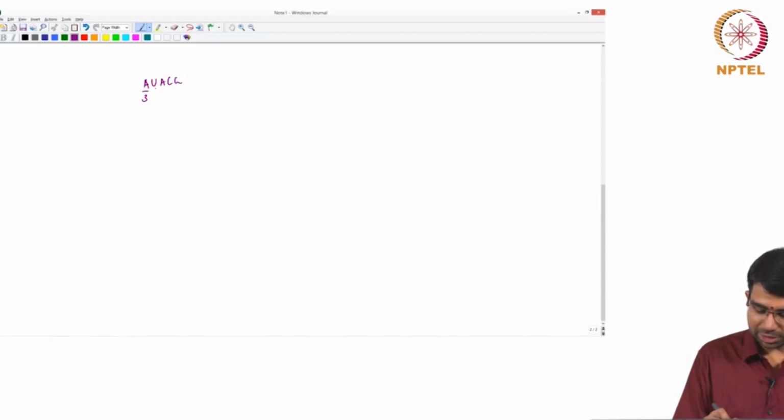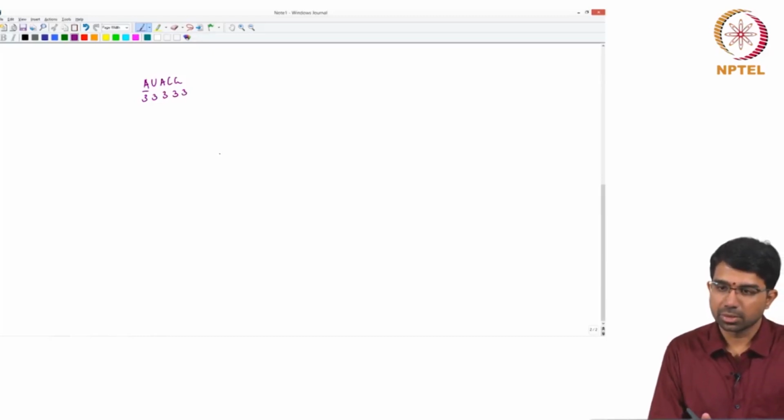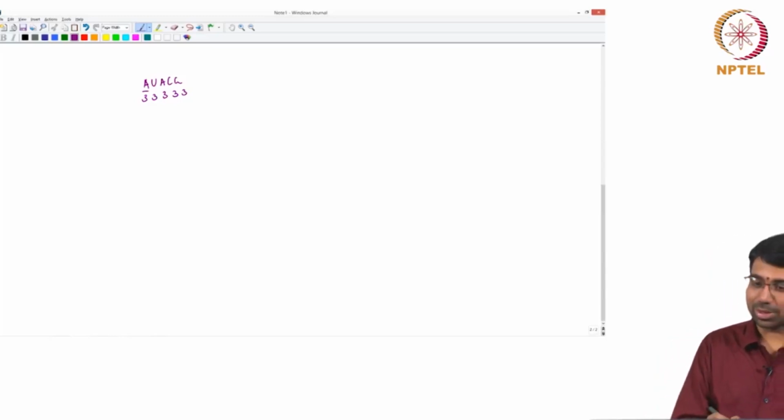You can have 3 variations here, 3 variations here, 3 variations here, 3 variations here, 3 variations here. So, what is the total number of possibilities? 3 plus 3 plus 3 plus 3 plus 3, you have only 15. You can't combine the two because that would be more than one mutation.